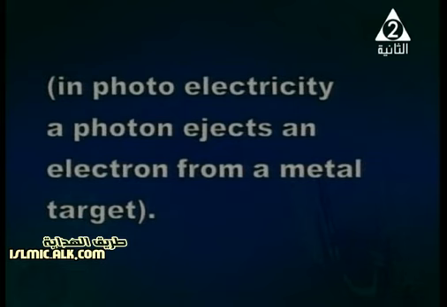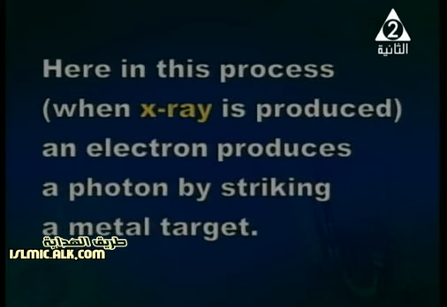But when we produce X-rays, exactly the opposite occurs. Here, an electron produces a photon by striking a metal target.